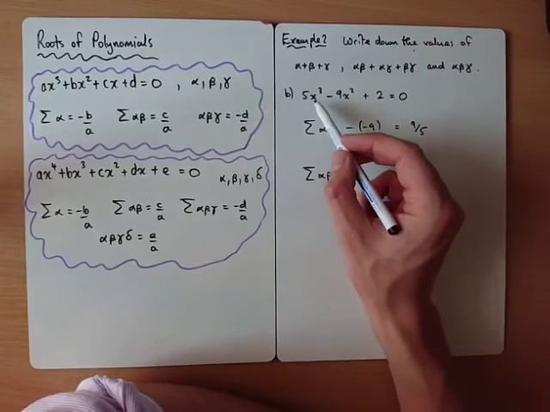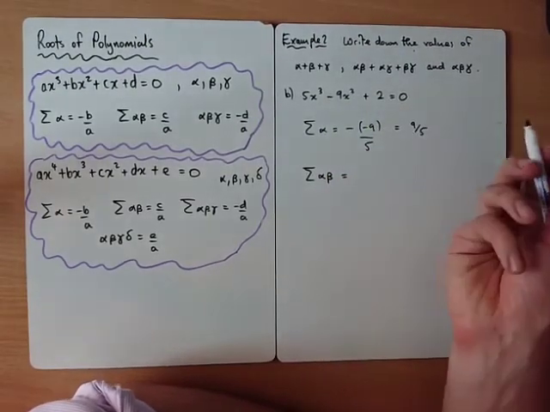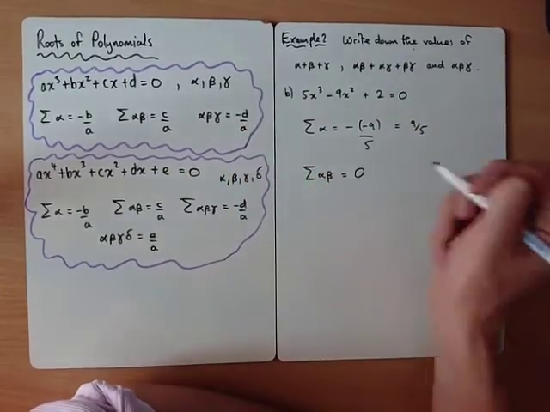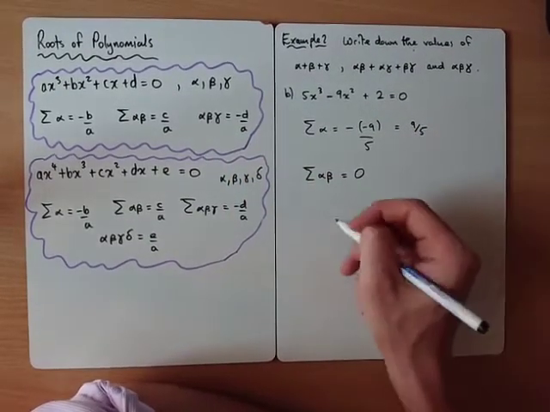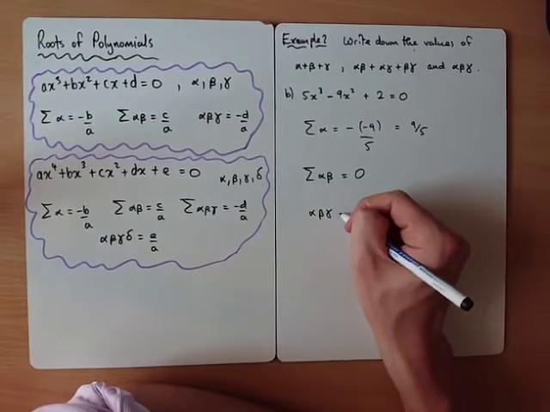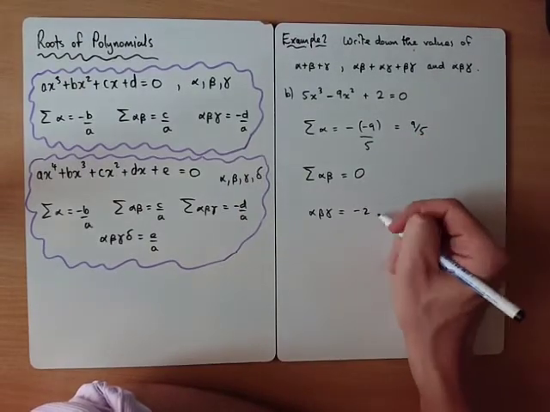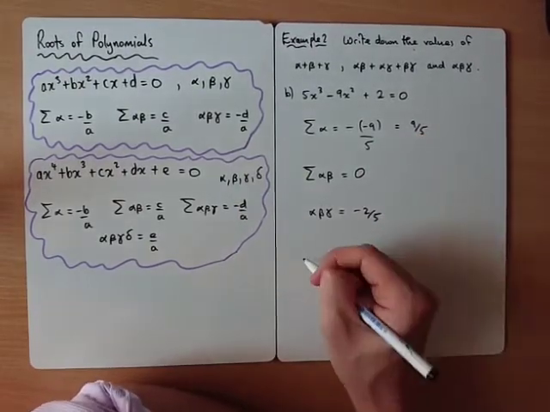Just be careful with this one. We've got a, b, there is no x coefficient, so c would be 0. So c over a would also be 0. And then the product of the roots, alpha, beta, gamma, minus d over a, so minus 2 over 5.